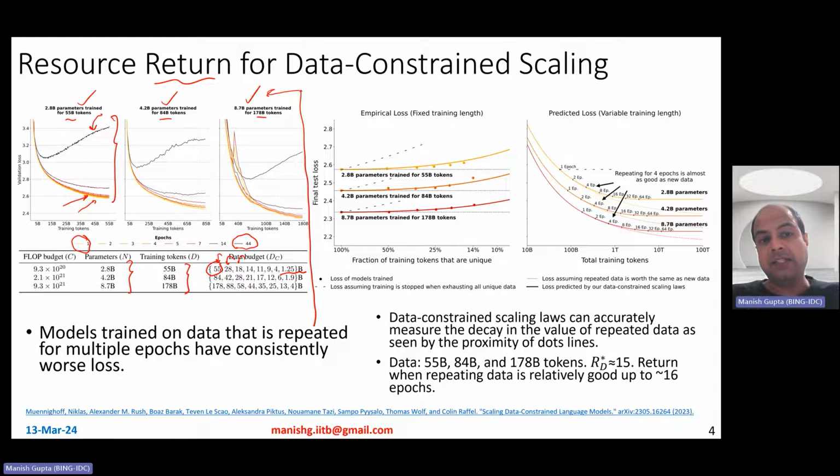What this law suggests is that if you repeat the data 4 times, maybe even up to 10 times, it is nearly as good as having 10x sized original unique data. So that's an important observation.